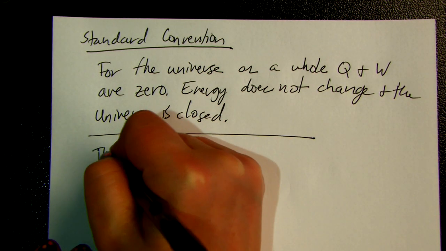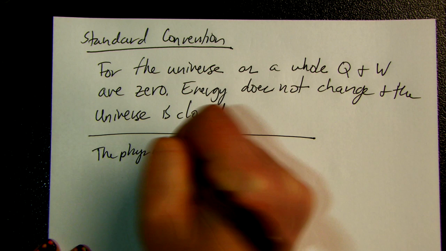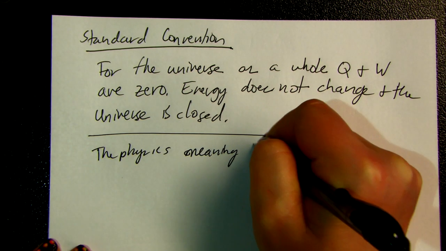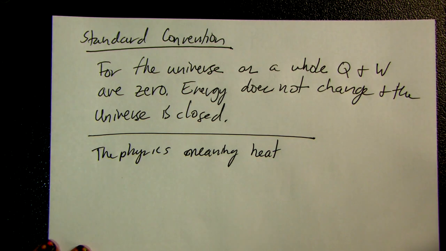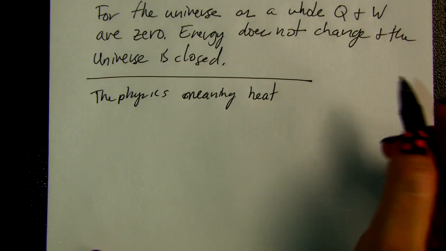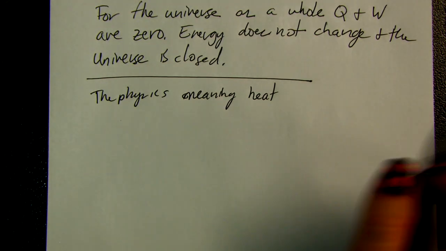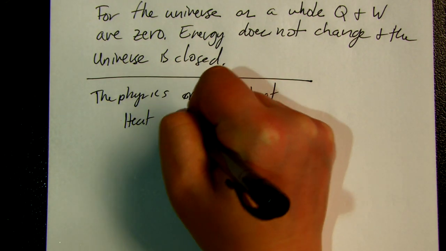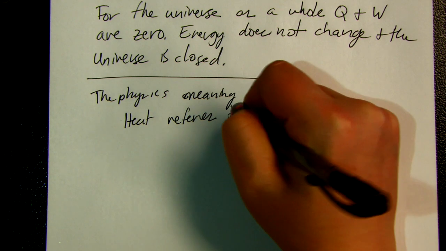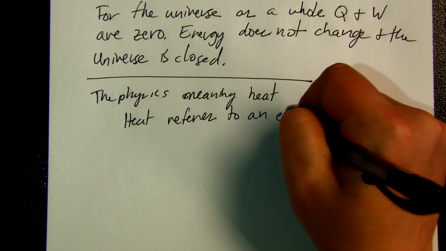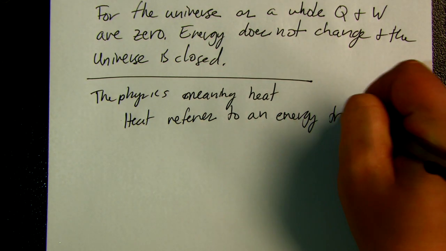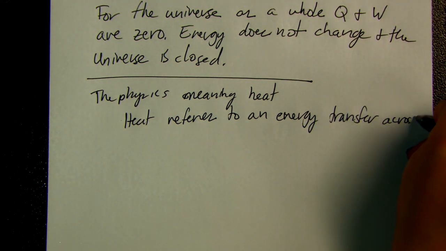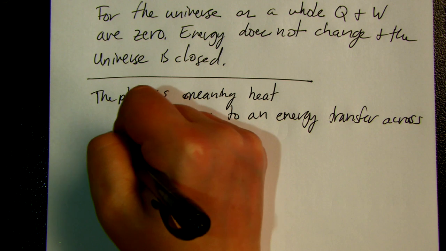We need to get to the physics meaning of heat, because we use heat colloquially. Man, that is a hard word for me to say. And it means something different than in physics. So heat in physics refers to an energy transfer across a system boundary.